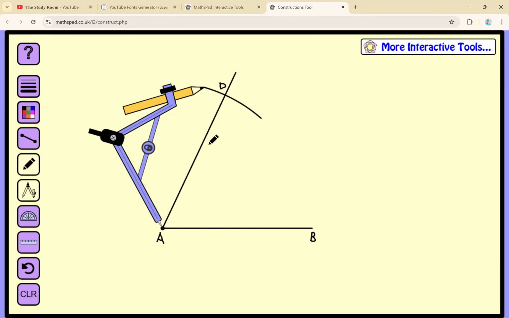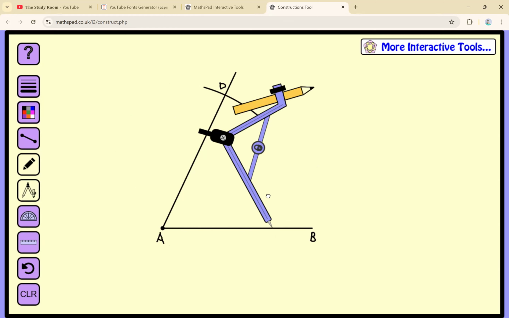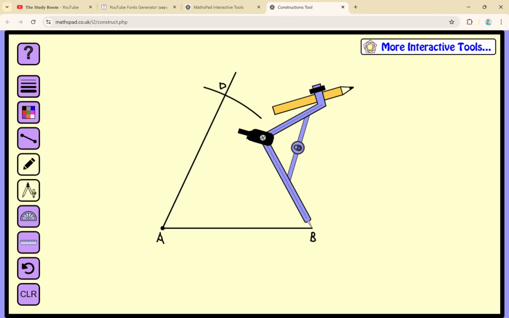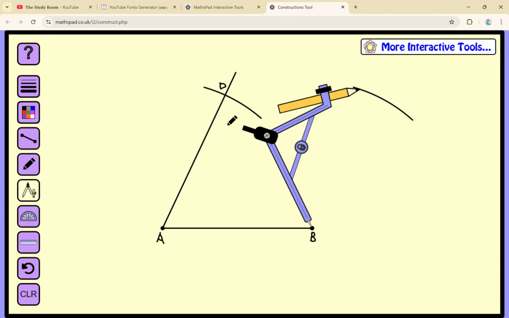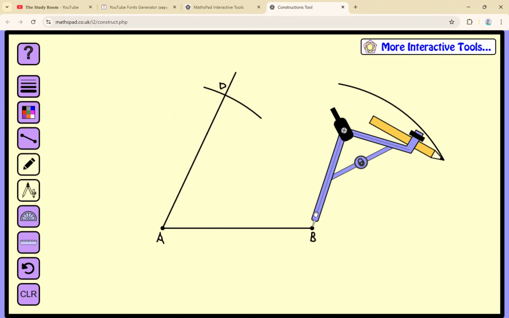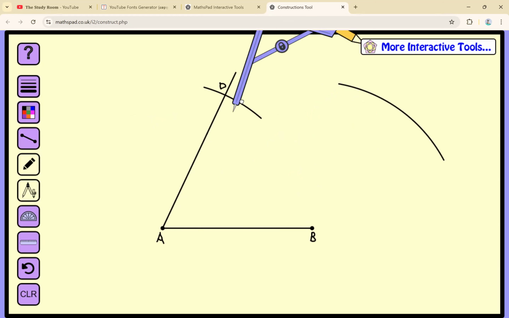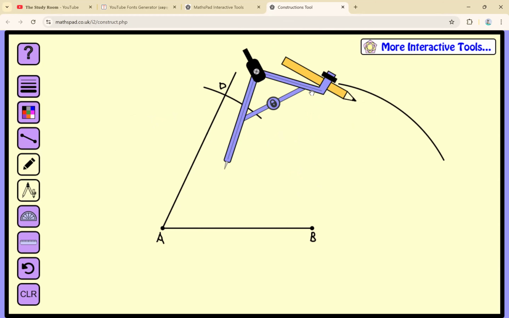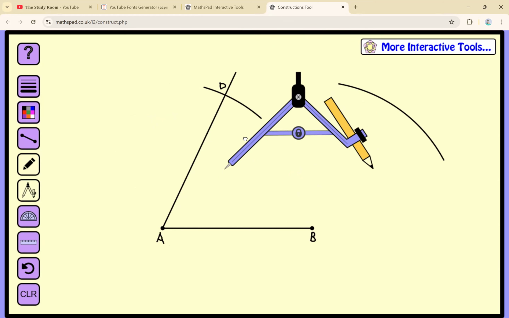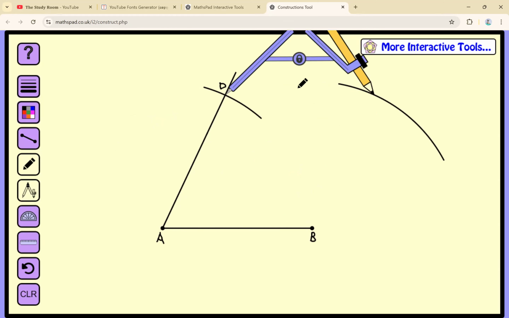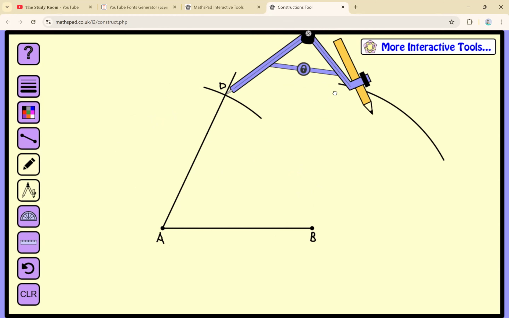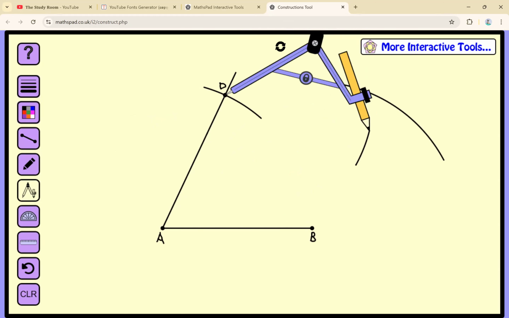Then because this is a rhombus, all four sides have the same length. So B to C will also be 7. We can use this to mark out, give me a mark. Then after that, bring it to D, and same thing.